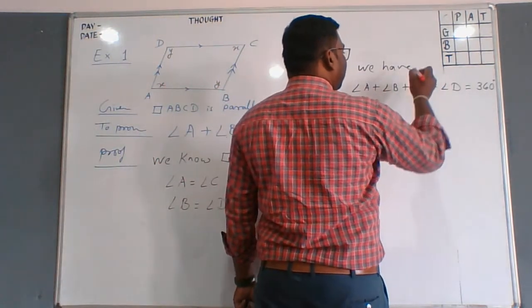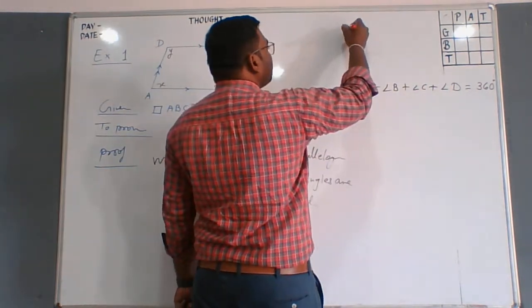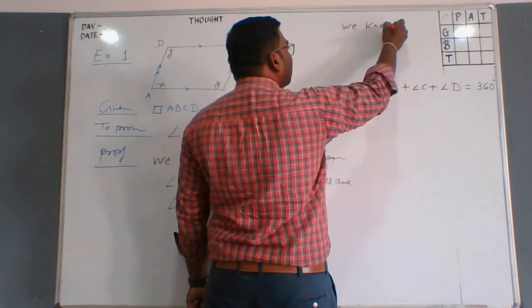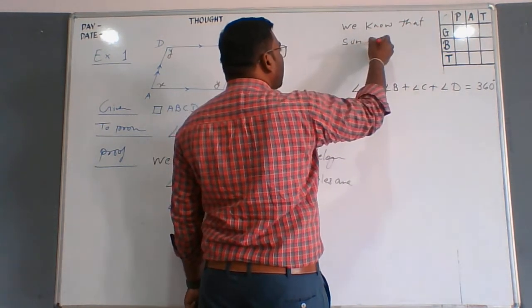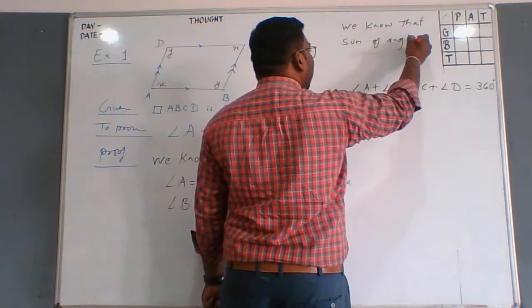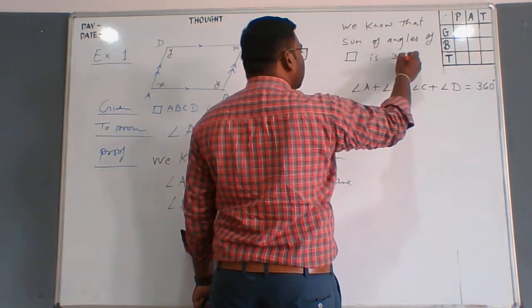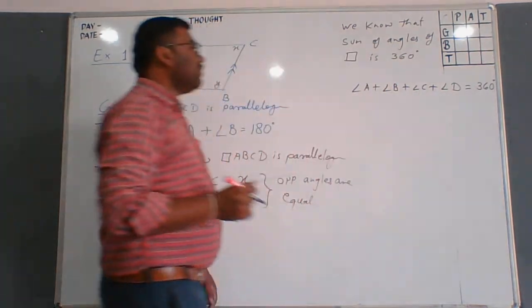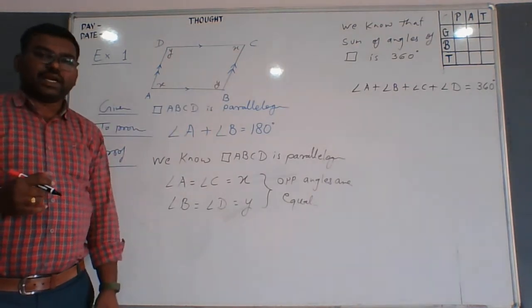We know that the sum of angles of a quadrilateral is 360 degrees. Therefore, the addition of all the four angles is 360, we can write over there.